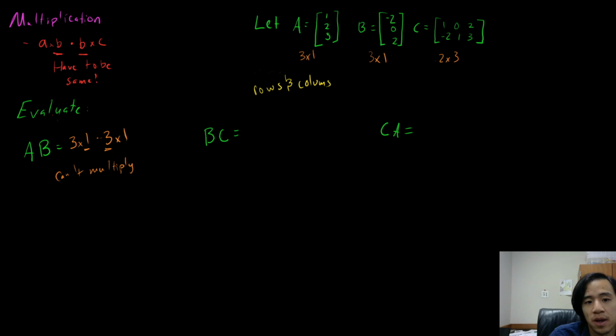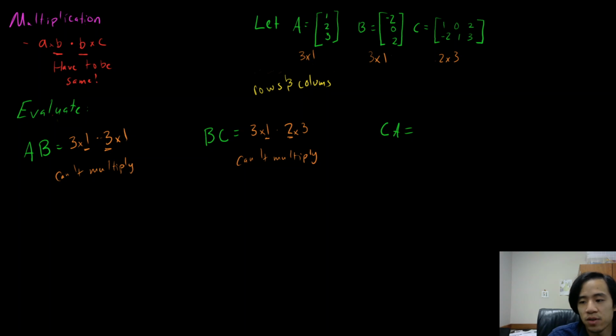Okay. Let's take a look at B and C. So B is a 3 by 1 matrix. And C is a 2 by 3 matrix. So these two middle numbers are not the same number. So this cannot work either. You can't multiply this.